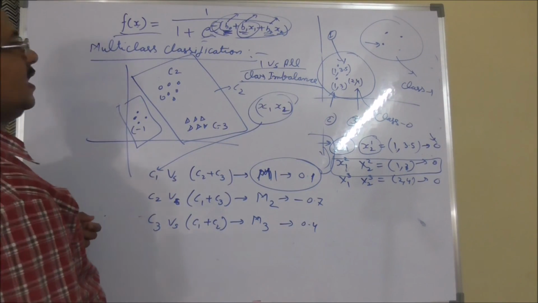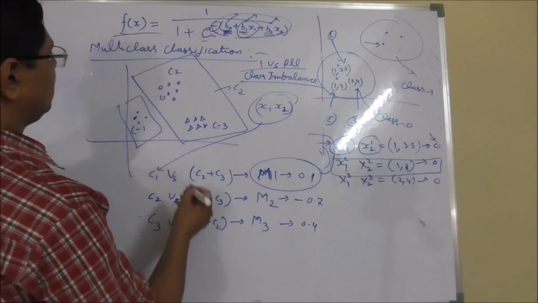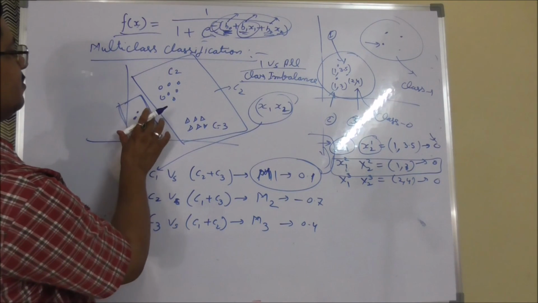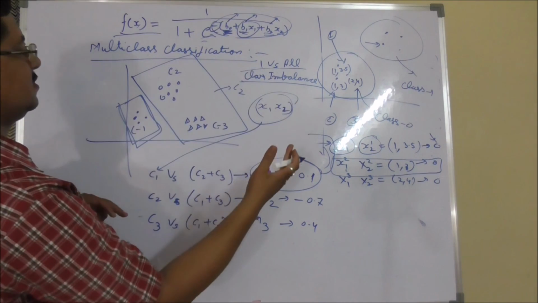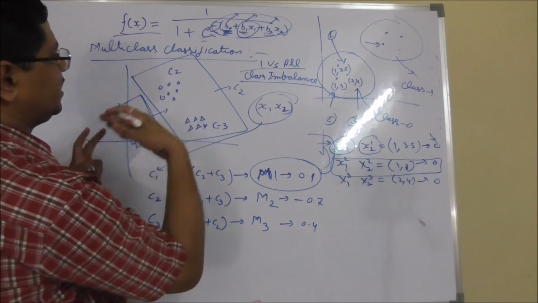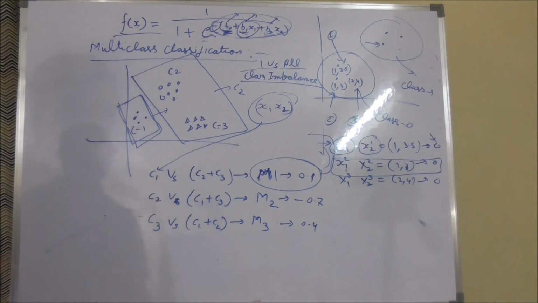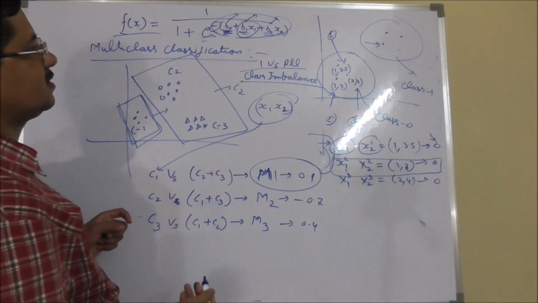Actually, why does class imbalance come here? Because we take training data from class 1, and we combine the data from multiple other classes. So in this case, the entire training sample is biased towards some majority class, and it generally results in class imbalance.